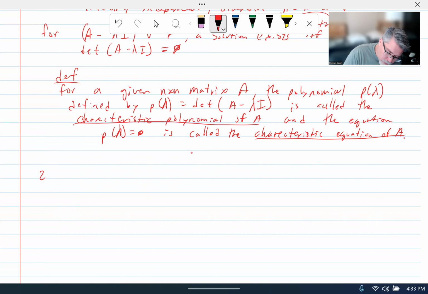Okay, so let's take example 1, but now let's do example 1 without being given the eigenvectors. Let's see if we can come up with the eigenvectors and the eigenvalues all by ourselves.